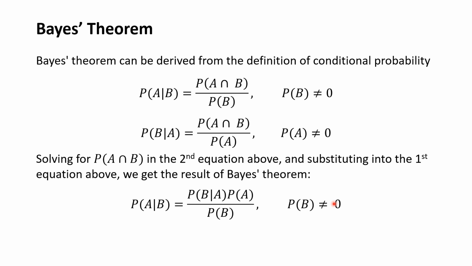So if you recall, we did that with the art gallery example, and then I went ahead and I also had to expand the denominator there. And that's quite common when you're using Bayes' theorem, that you first start with this here, and then in a lot of cases you need to use the law of total probability to find the probability of B. And as I say, this is quite extensively used in modern day probability and statistics.